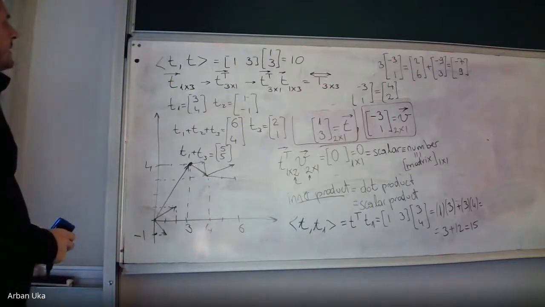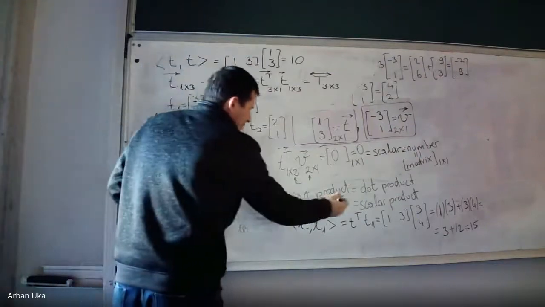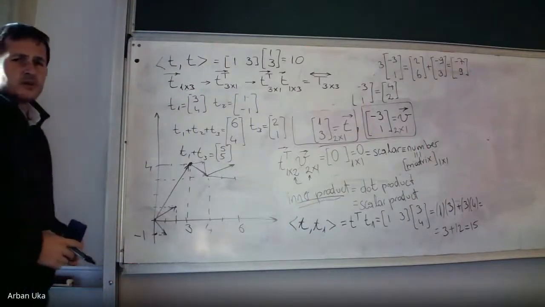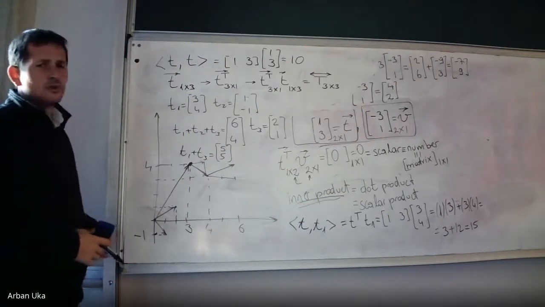Now, the inner product is written here, so I'm not going to write this again on the board, but this is what it is. We can also define the magnitude of a vector.